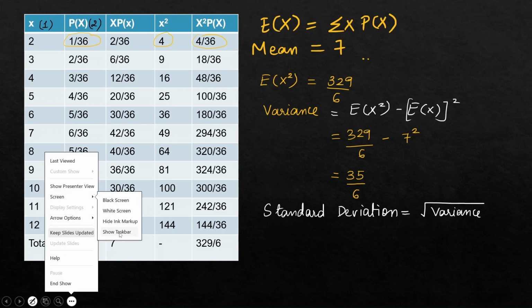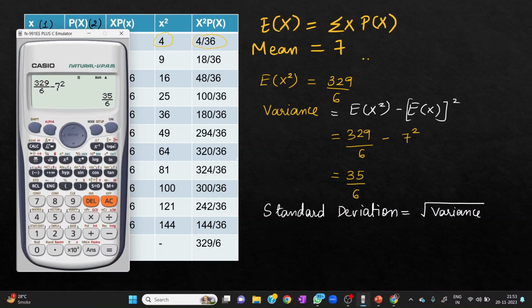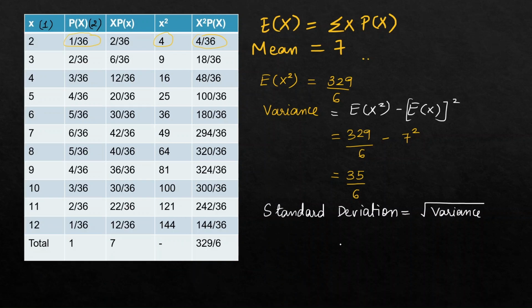So let's use the calculator again and calculate the square root of the answer. The answer was 35/6, right? So you get the square root of 210/6. If we fix this in decimal form using shift mode to 4 decimals, now your answer is 1.5541. Okay, so 1.5541. That's the standard deviation.